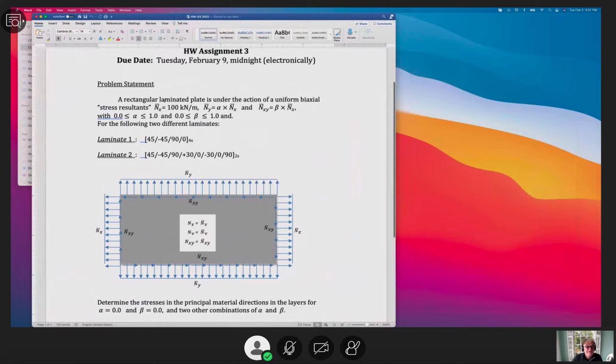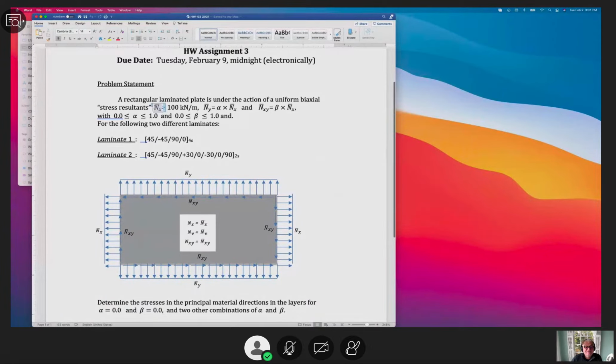We have a rectangular laminate with uniform properties. The A matrix is constant everywhere. It is under the action of uniform biaxial stress resultants, including the shear, Nx, Ny, and Nxy.